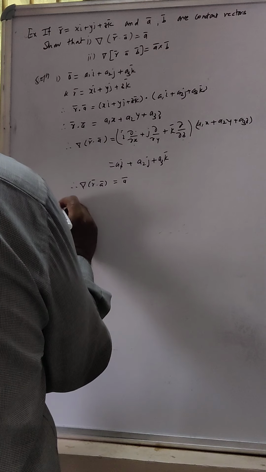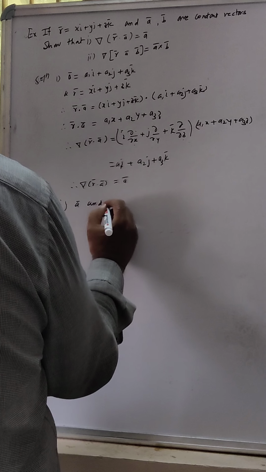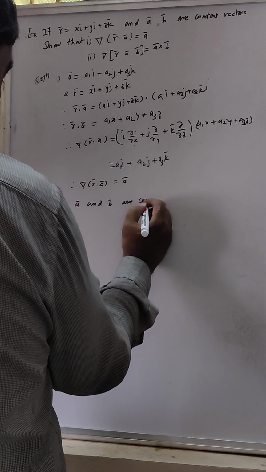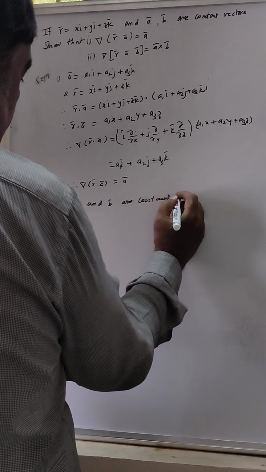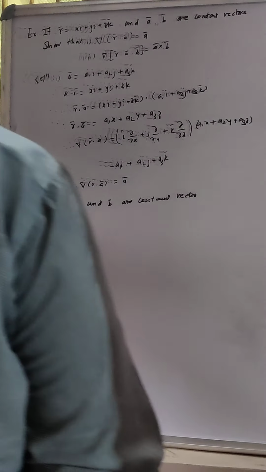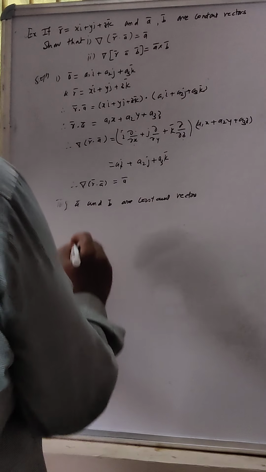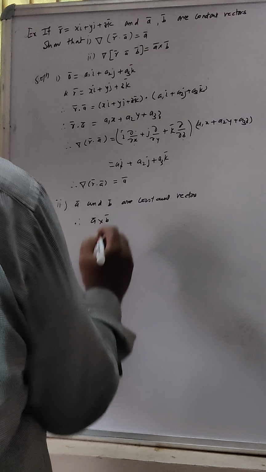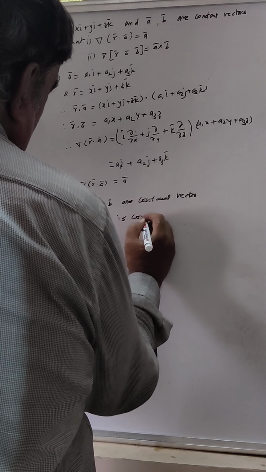Second, a vector and b vector are constant vectors. Therefore, the cross product of constant vectors is again a constant vector.